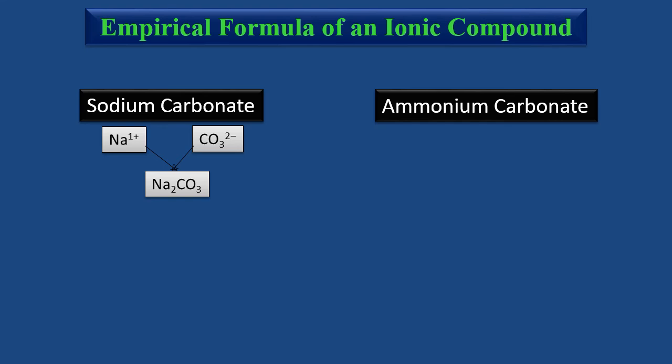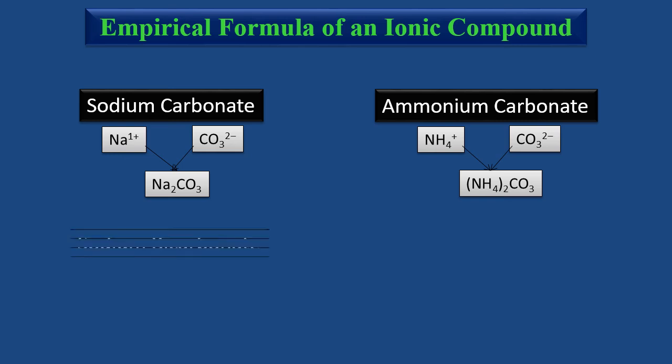Similarly, ammonium carbonate. Now ammonium ion is a group of atoms. So when it combines with carbonate ion, it is (NH4)2CO3, because ammonium ion is a group of atoms.